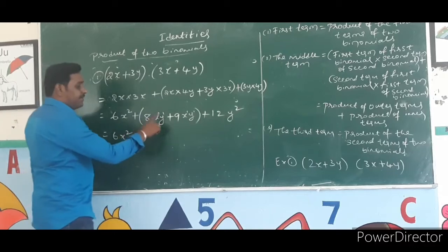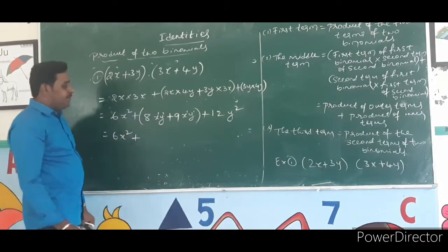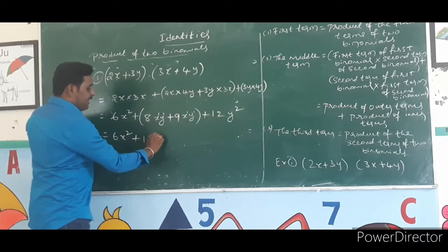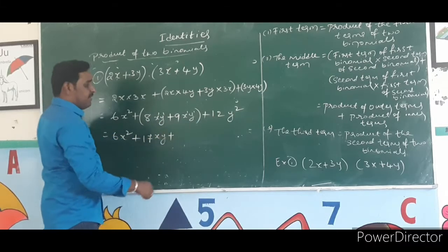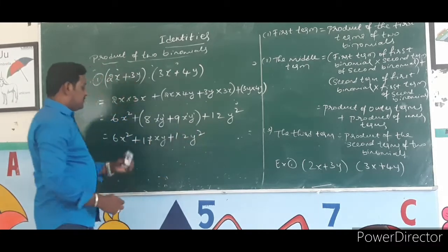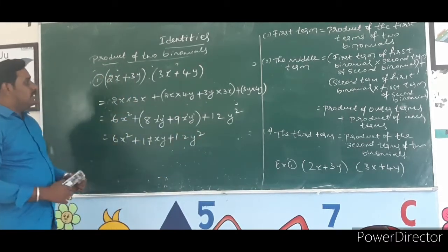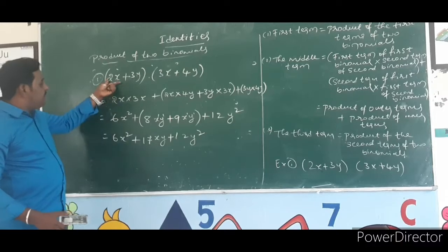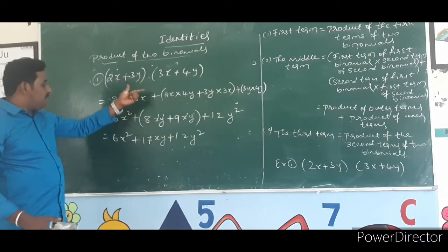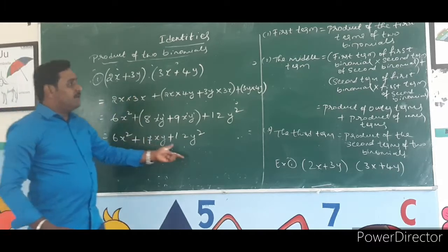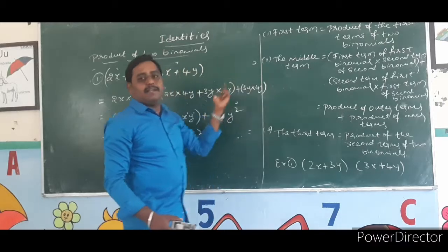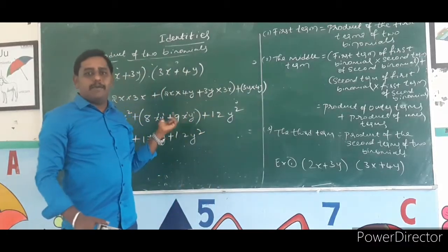That means 8 plus 9, 17. You can write the variables xy. So plus 12y square. So this is the final answer. So when the first terms of the two binomials are different, we can easily solve using these steps. First you have to understand these steps, and later you can go on to solve this type of problem.